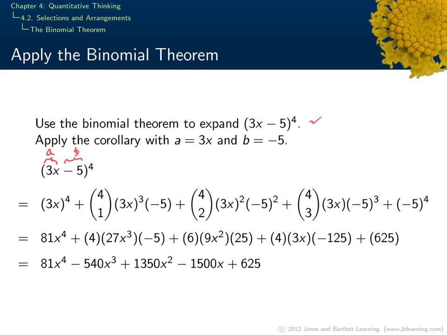So when we apply this binomial theorem, we wind up with this expansion, where whenever you see 4 atop 1, 4 atop 2, that means C(4,1), C(4,2), etc. So you just compute those numbers according to our formula for combinations, and you get 4 choose 1 is 4, 4 choose 2 is 6, etc. And then you wind up with this same polynomial that we found on a previous slide after a lot more work.